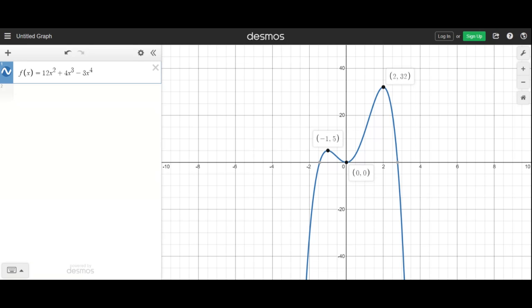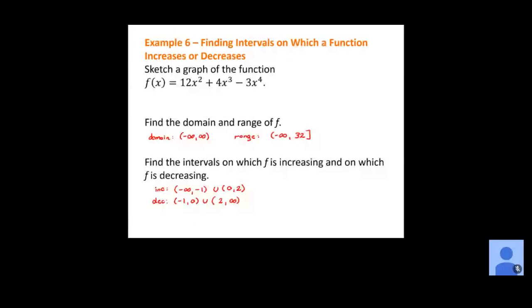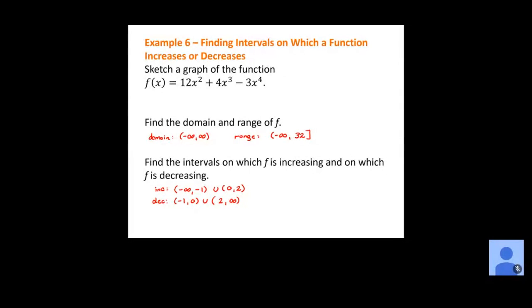Right, so I'm going to go back to the notes so you can see what I've got there. All right, so there we go. So our domain again was from -infinity to +infinity, no restrictions on the x values. Our range only went from -infinity up to 3/2, but 3/2 was included, so we use a bracket.